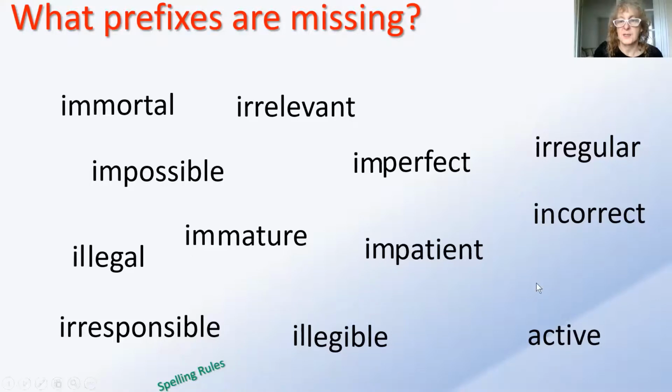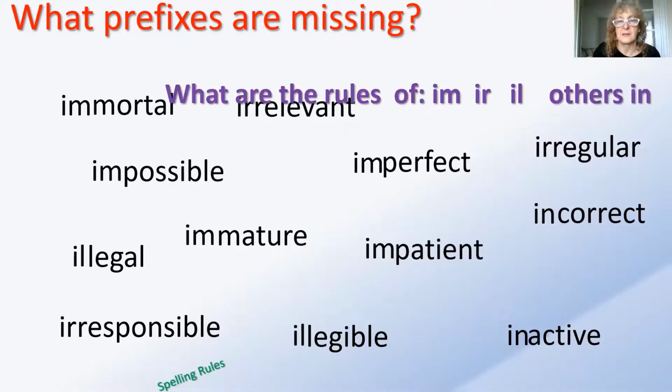What do we think? You get it right? Inactive. So if it's not one of those spelling rules with the R, the M, the P, or the L, or any of those, then it will just have the in word. That's why it's called the in family. So if it's not one of those spelling rules, we just put in.